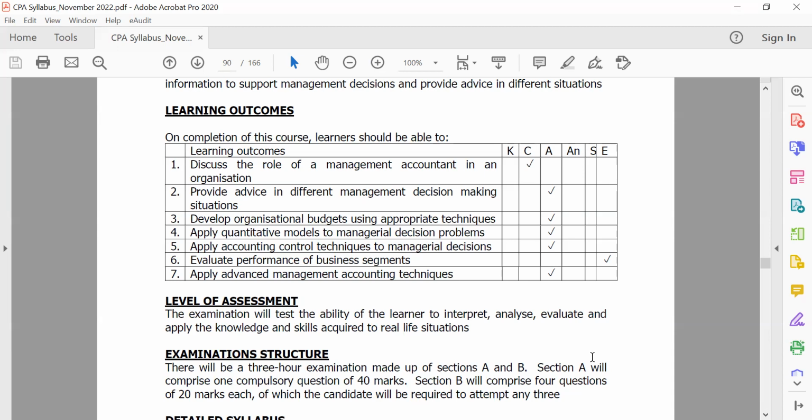Here the candidate is required to attempt any 3. So in total, you're aiming at 100 marks overall, but depending on how you approach the questions and your level of knowledge, that will determine your final mark, but you're basically working out of 100%.